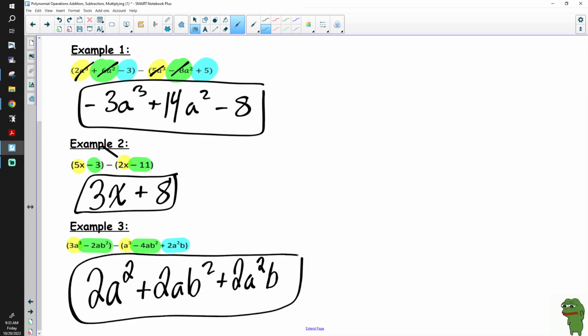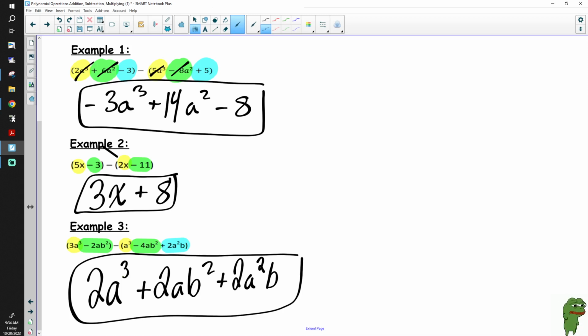Oh, you're saying to the power of 3. Yeah, I just accidentally wrote it 2. That is subtracting and adding.